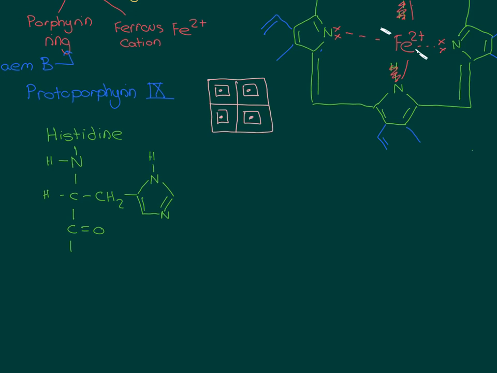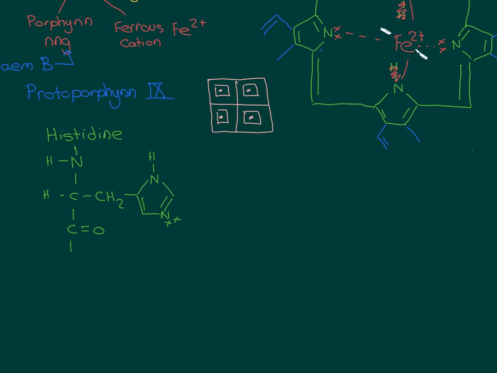And the way in which histidine can attach to a heme B group is via this nitrogen here. Specifically, this nitrogen has a lone pair of electrons, which again is a centre of negative charge, and this centre of negative charge is going to be attracted to the ferrous cation at the centre of a heme B group.